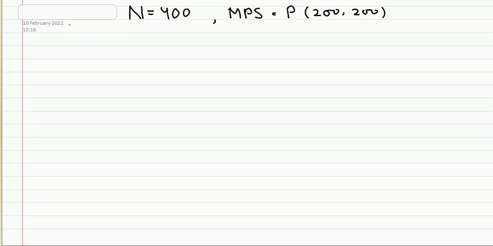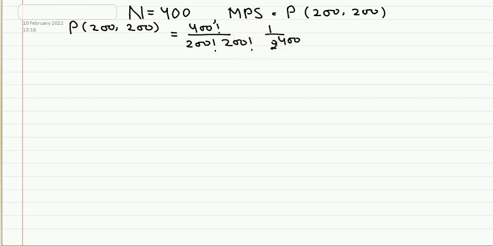The probability for 200-200 is 400 factorial divided by 200 factorial and 200 factorial, and then 1 upon 2 to the power 400. And now again we will write the 25% off distribution.